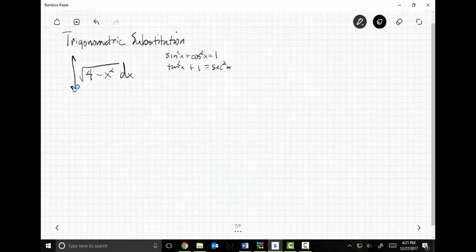Now you may say, wait, what are you doing over here, Ripley? Something looks a little crazy. Well, if you look really closely at this guy, I can rewrite this as sine squared of x is equal to 1 minus cosine squared of x, or I can write it as cosine squared x is equal to 1 minus sine squared of x.